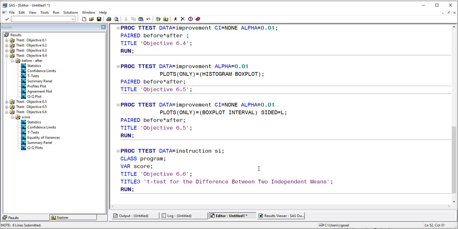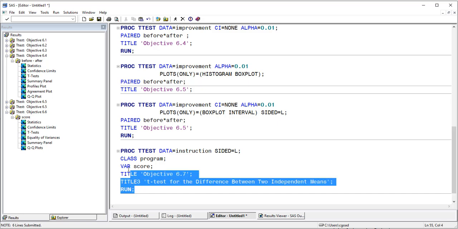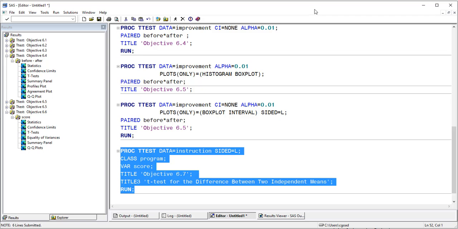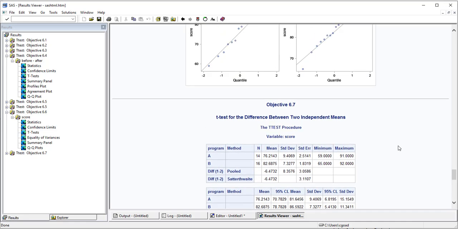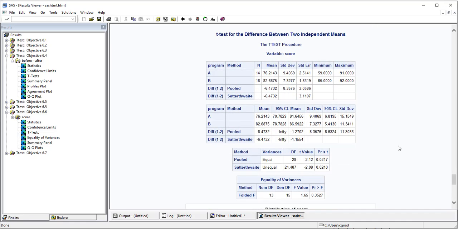If we did want to run the left side test, or lower sided, sided equals L is the only change I make, and I'm still going to end up with all the graphics. Pardon me, this is 6.7 for our objective. Left side test, so it's looking at 1 minus 2, is that less than 0?